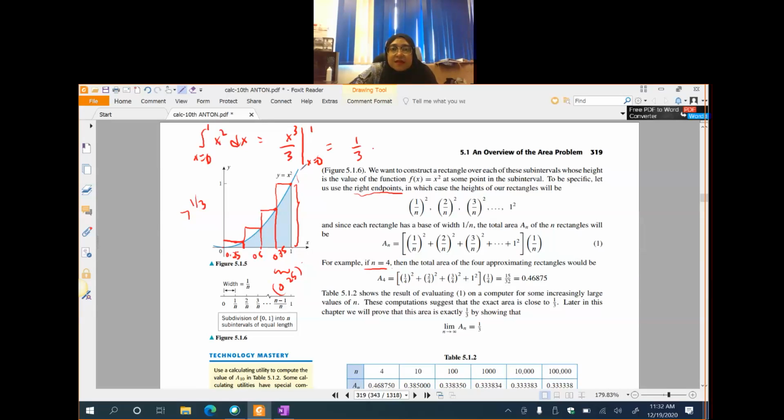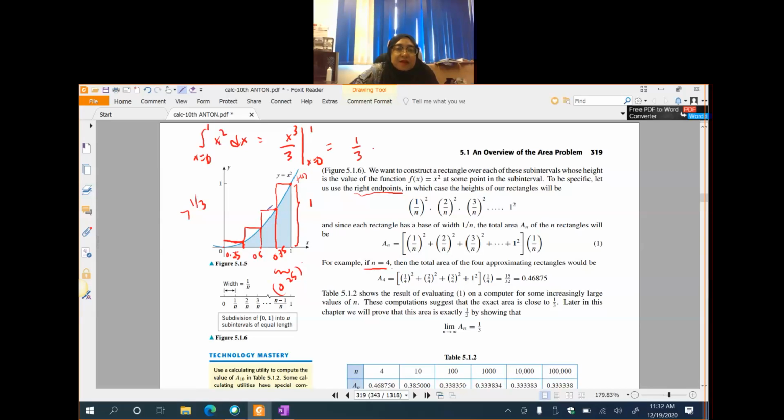So this is f of 1, isn't it? f of 1, the function is y equal to x squared, so f of 1 will be 1 squared, which gives you 1. So for the tallest rectangle here, the height will be 1.